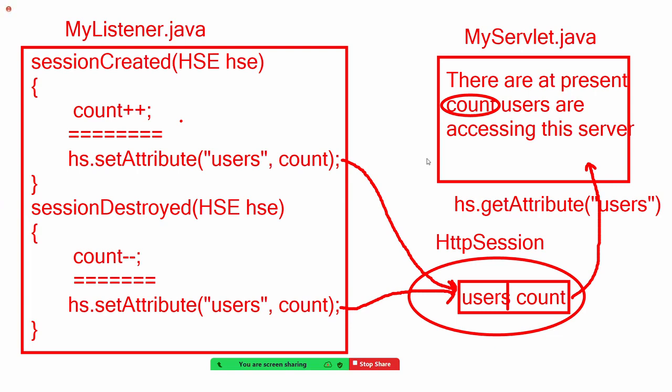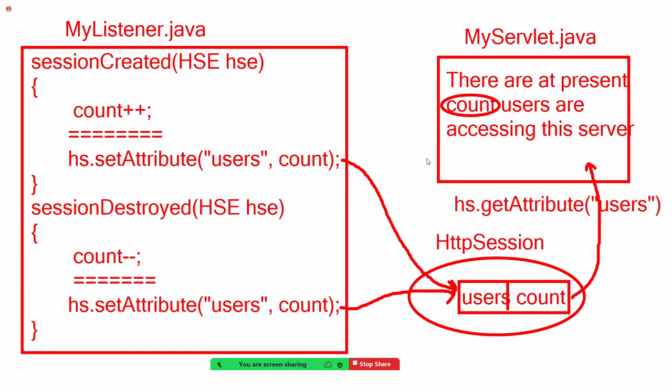Is it completed? Here from a browser, I'll send the request to this servlet. Here I'll write session. Then one user logged in, then count plus plus. Again, I'll send a request to this servlet with another browser, or I'll close the browser and open another one. Again, one more session.